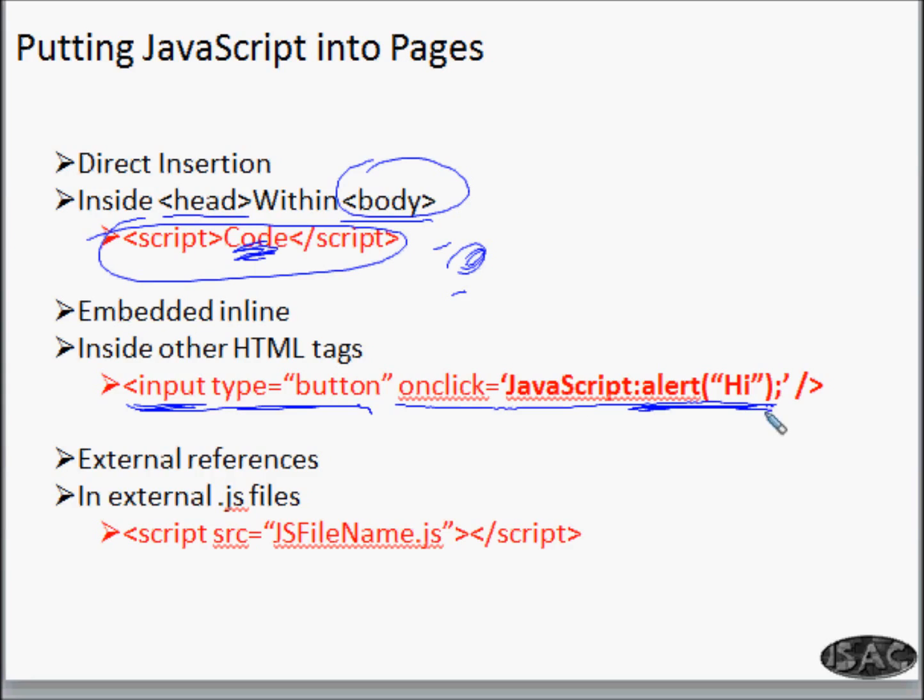You understood? In the head, in the body, and along with the tag, which is called inline. Then external references: you can make a .js file where you put all the JavaScript code, and then in the HTML page just say script src equal to this, and the whole code will come to your page and work with it.